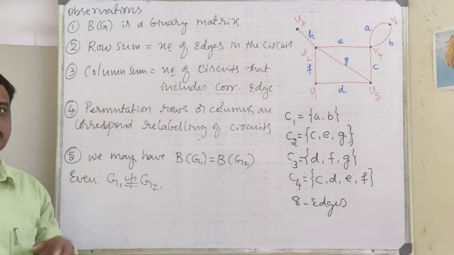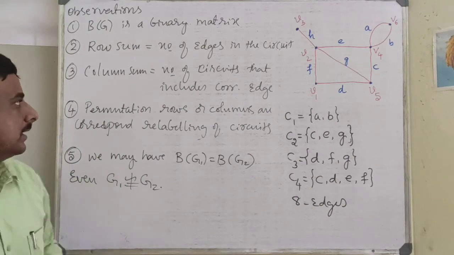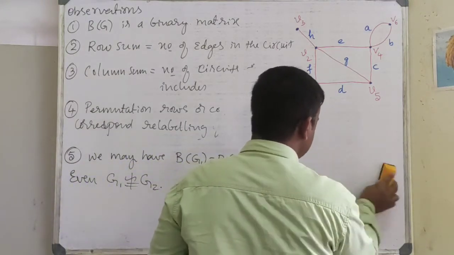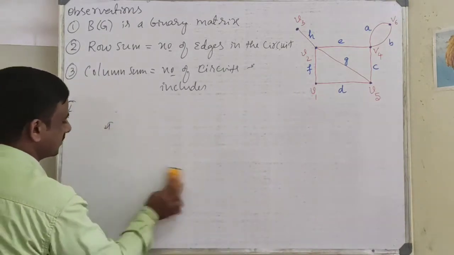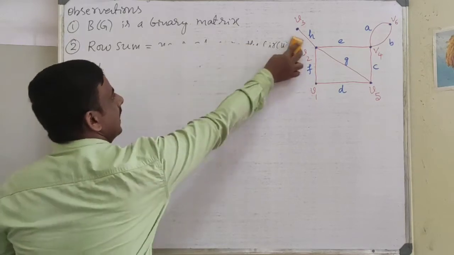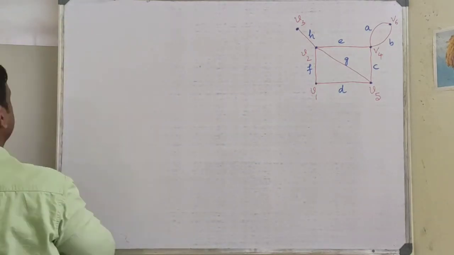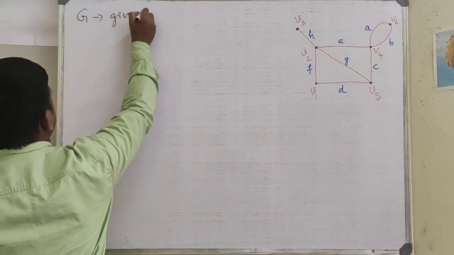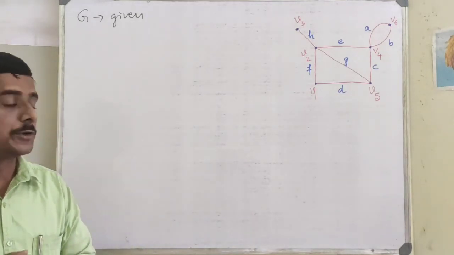So these are some observations about the circuit matrix of the graph. Next, one of the important results we have that connects the circuit matrix and incidence matrix of the graph. Suppose I have a graph G, the given graph. We will find its incidence matrix and the circuit matrix.